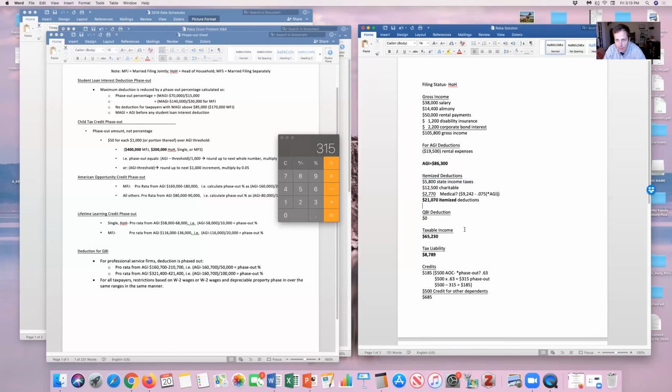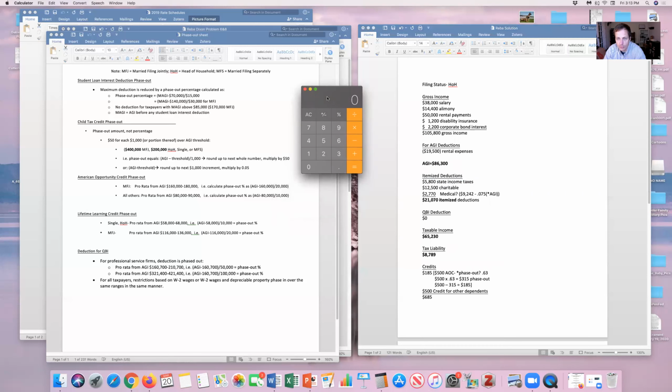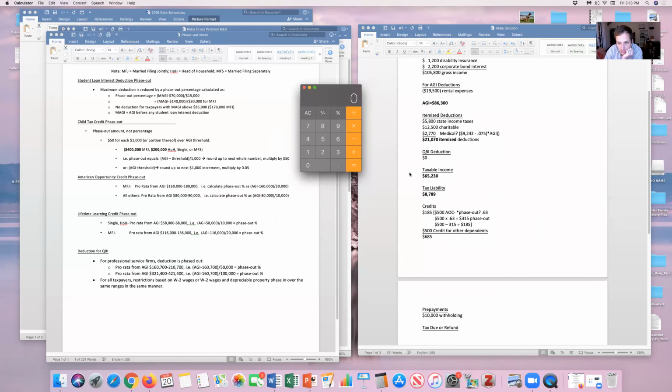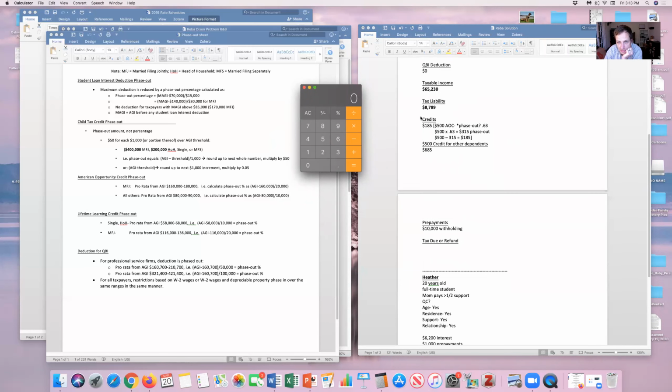All right, so now we're just going to do our formula. We've already gotten down to tax liability. We'll subtract the credits. That gets her liability down to 8,104, and we'll subtract the amount that was withheld from her paychecks.